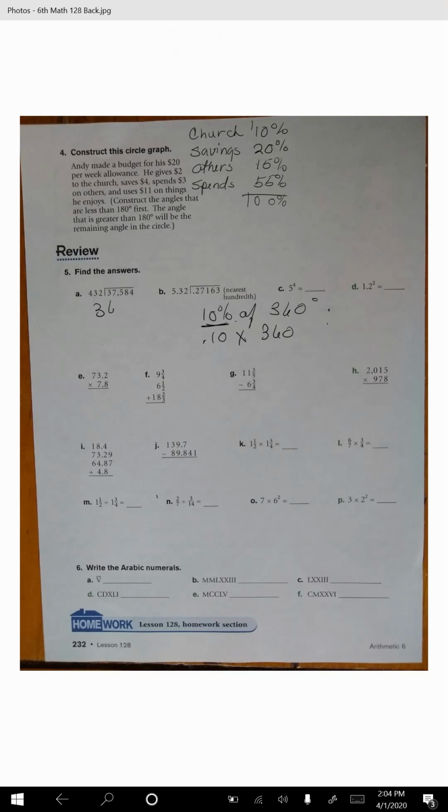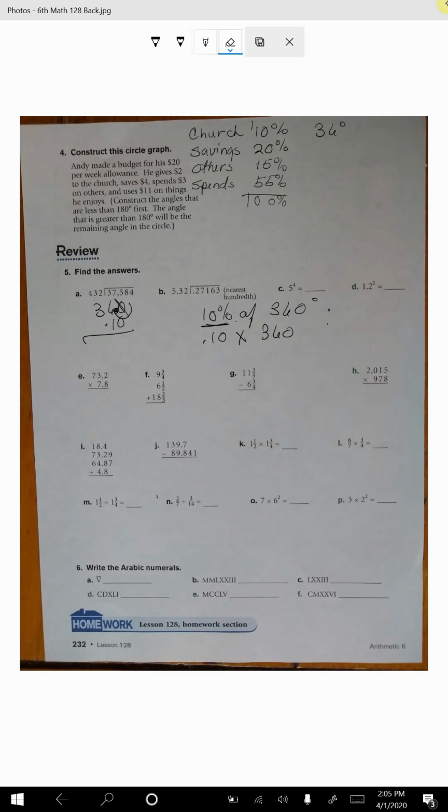So you could do 360 times 0.10. Another thing you can do is just take off one of the zeros, because what you're doing is moving the decimal over once. But if you're not comfortable with that, you could just do 360 times 10, and you get 36, don't you? So I know that for the church part, that is going to have to be 36 degrees.